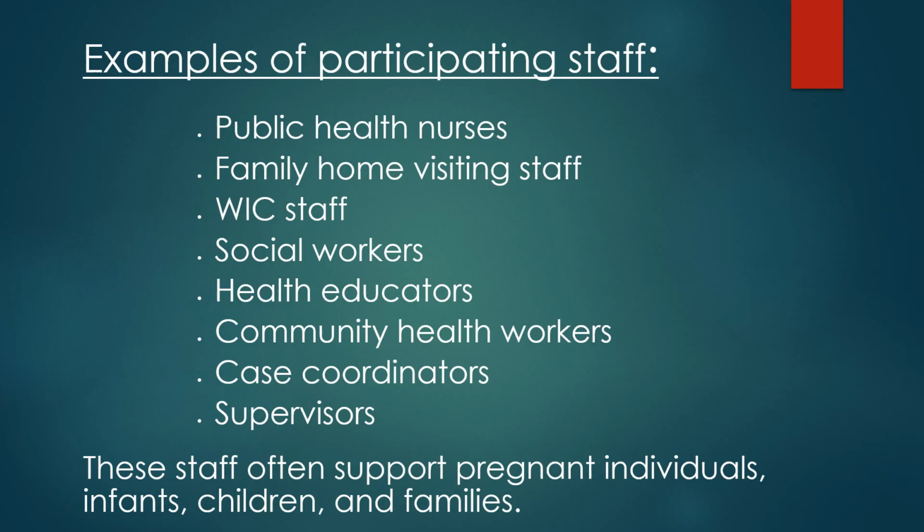Examples of public health positions eligible to participate in the LCTS Random Moments include public health nurses, home visiting staff, WIC staff, social workers, health educators, community health workers, case coordinators, and some supervisors.